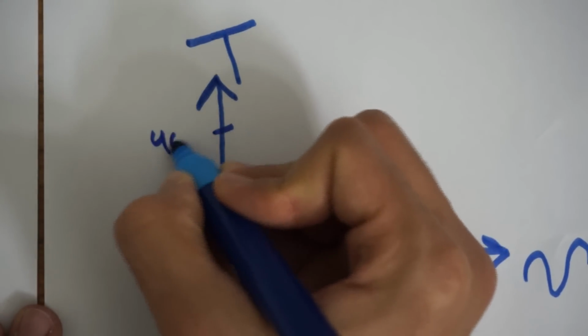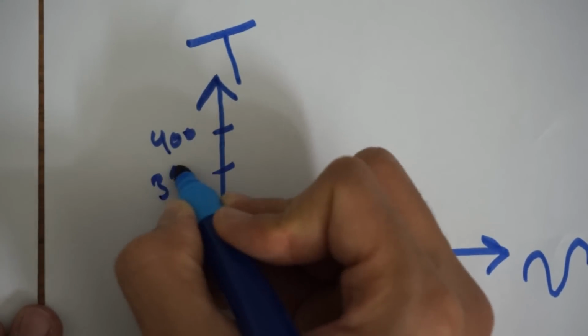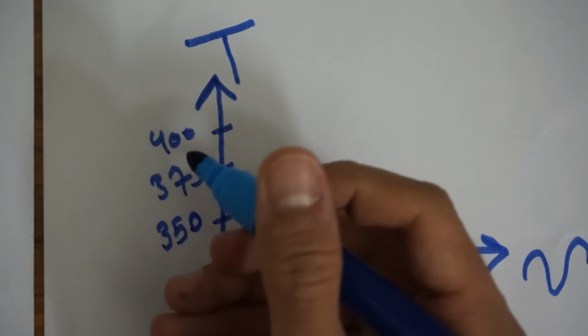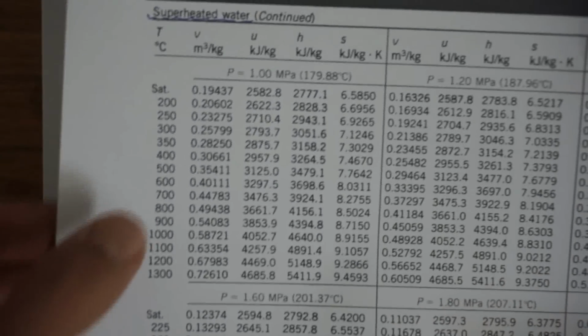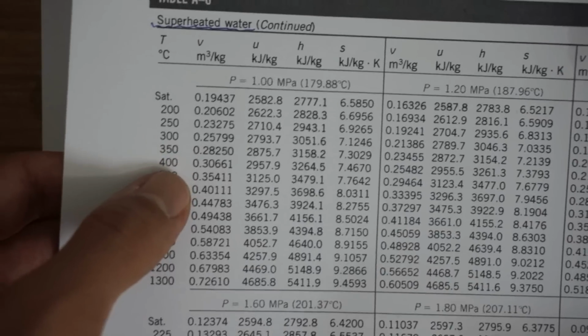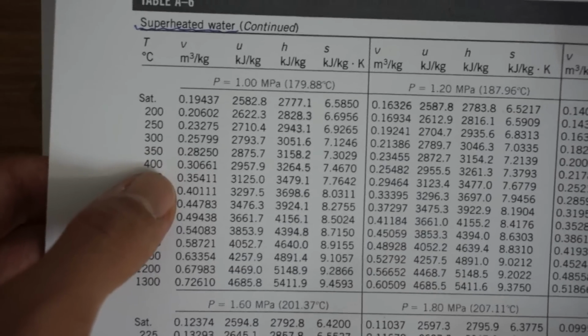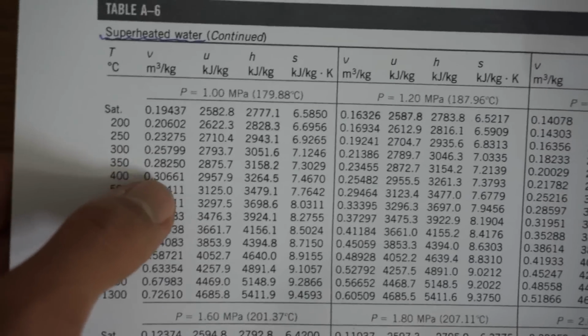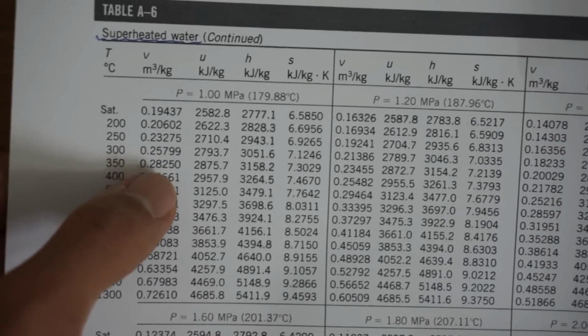Here we take 400, here we have the 373, here we have the 350. I got the 400 and 350 from the table. Here as you can see, I only have 350 less than 373 and 400 greater than 373, and we assign these values of temperature to the graph along with their values for specific volume.